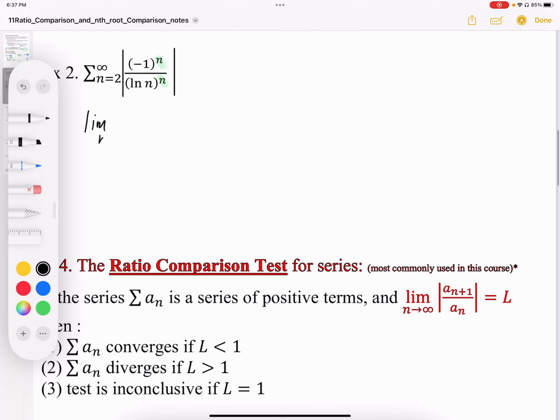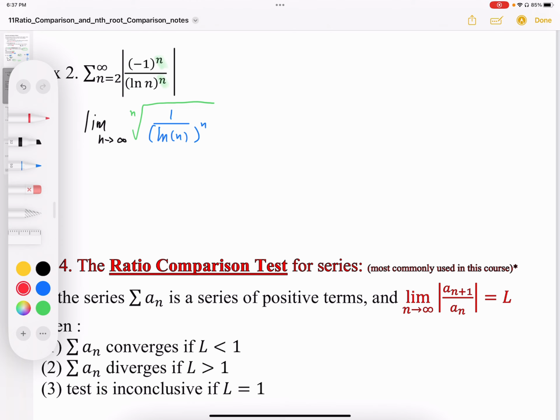So we're going to say the limit as n approaches infinity, and we apply the nth root to this. So the nth root of 1 over (log n) to the power n.